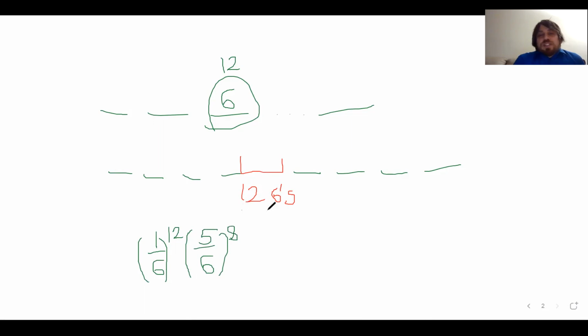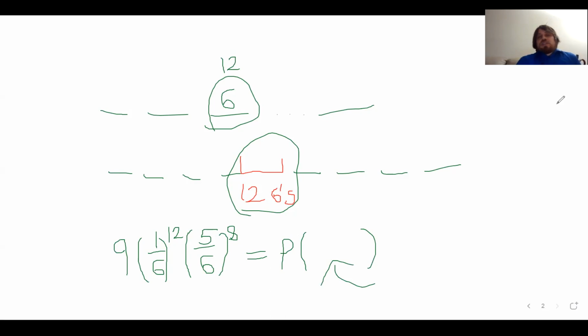And then there's just one of these guys, right? If there's 8 and 1, that means there's 9 of these, right? So this would be the probability of your situation, where you roll the dice 20 times and you roll 12 sixes in a row. That would be 9 times 1/6 to the 12th times 5/6 to the 8th. Does that make sense?